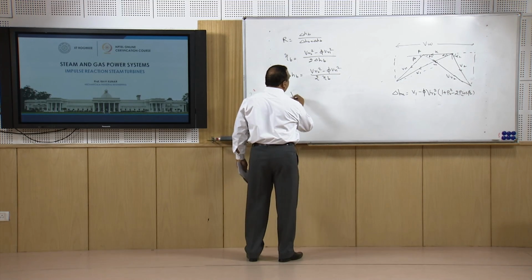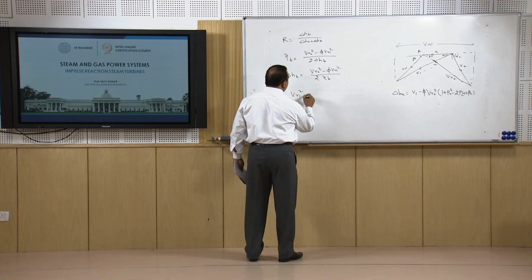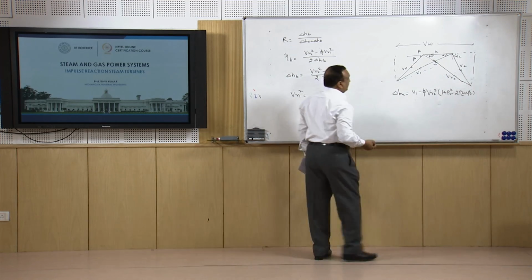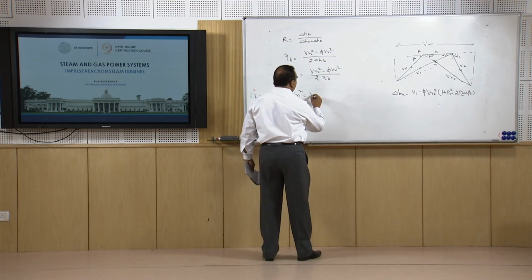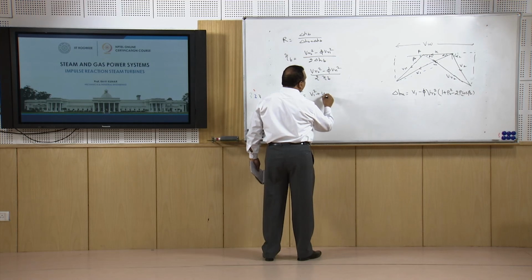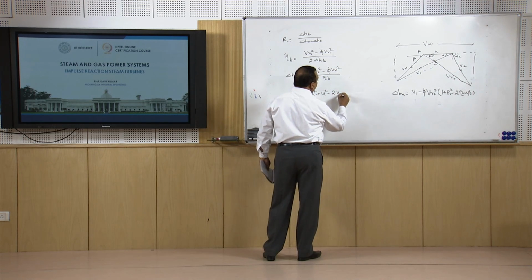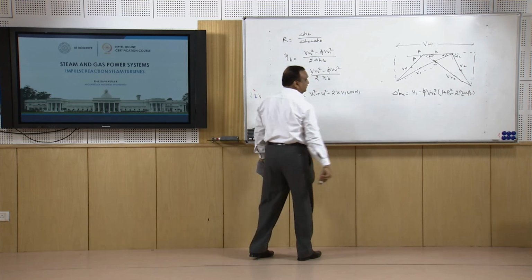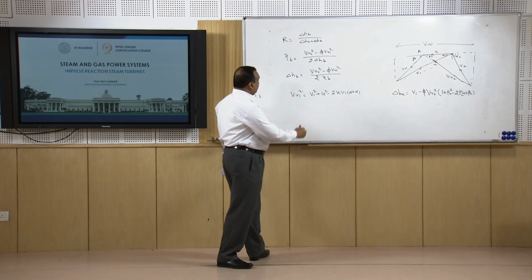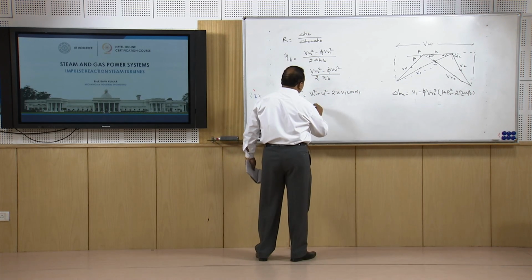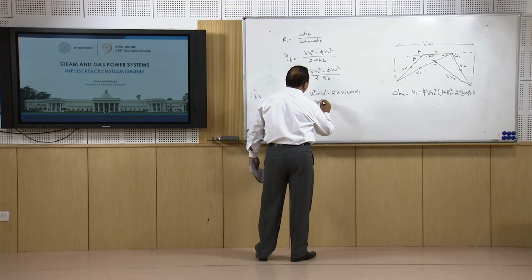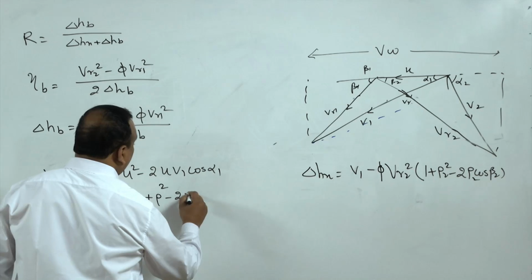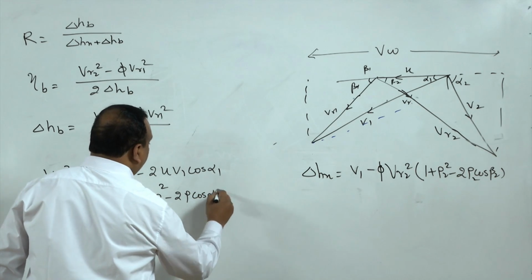Now, VR1 square, if we refer to this triangle, is V1 square plus U square minus 2U V1 cos alpha 1. Right. Now, if we take V1 square out, it is 1 plus rho square minus 2 rho cos alpha 1.